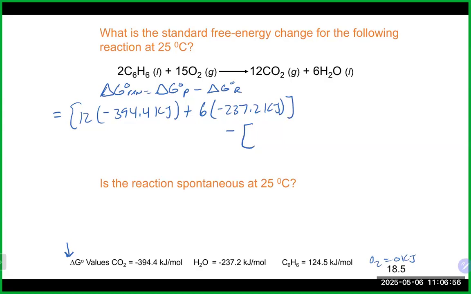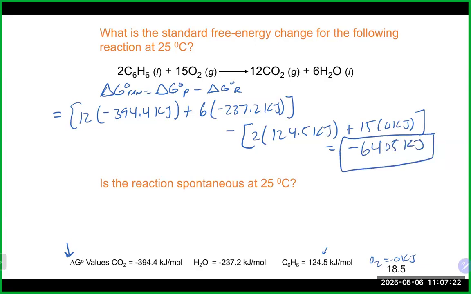Sometimes things are in different states and they'll have different values, so make sure you look up the right state, not just what you're looking for. We'll subtract 1 times our benzene here, which is 124.5 kilojoules, and 15 times 0 basically in this case. That's going to get us, looks like, negative 6405 kilojoules in this case.